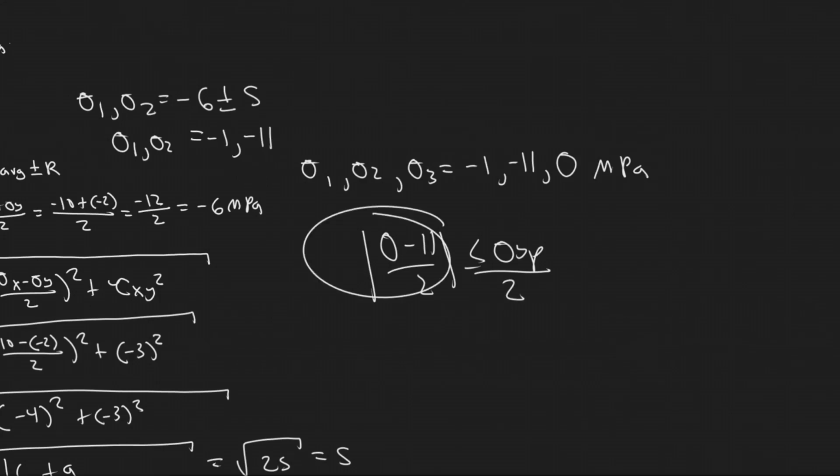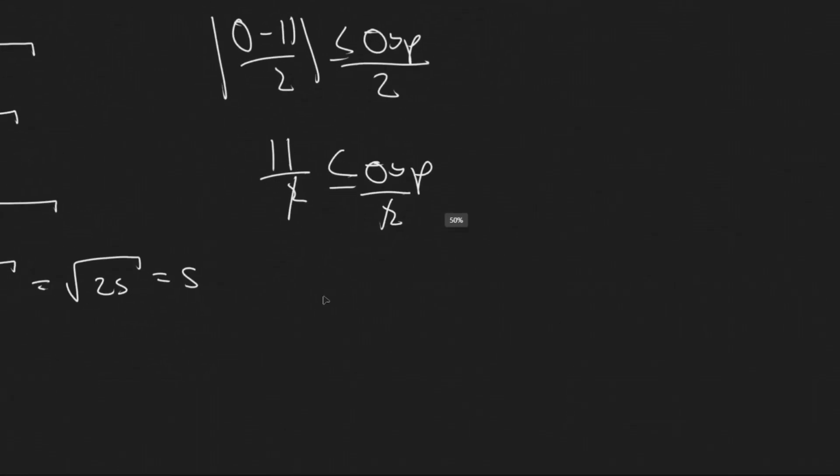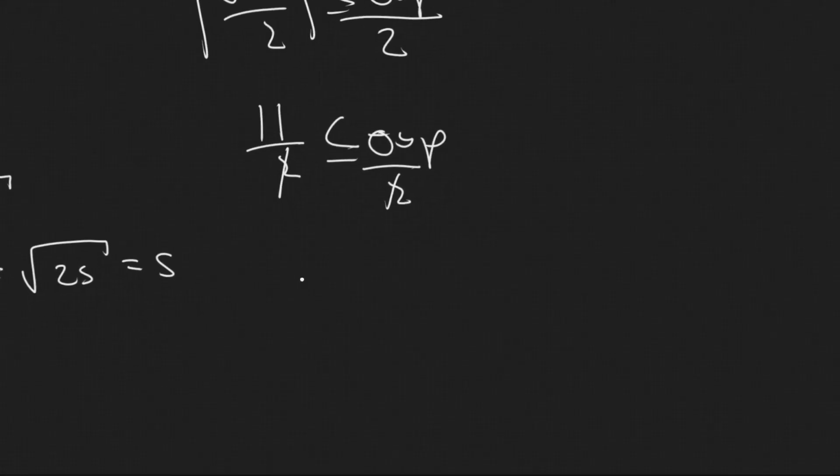So 0 minus -11 is 11, but obviously you're taking the absolute value. So you really just have 11 over 2 and sigma yp over 2. Your 2's are just going to cancel. So the value is going to be equal to 11 MPa.